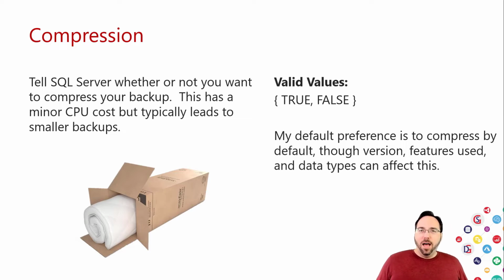As of somewhere later on, I believe it was a service pack in 2016 and a CU in 2017, that was fixed to where compression happens first and then encryption. So late editions of SQL Server that are well patched and updated, you could have TDE and compression and not lose anything as a result.